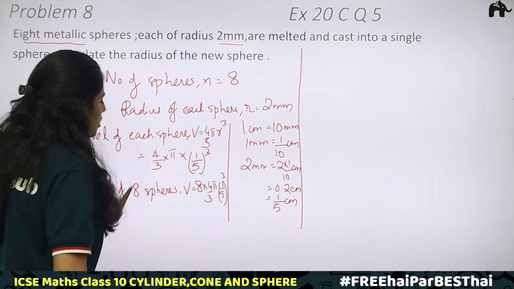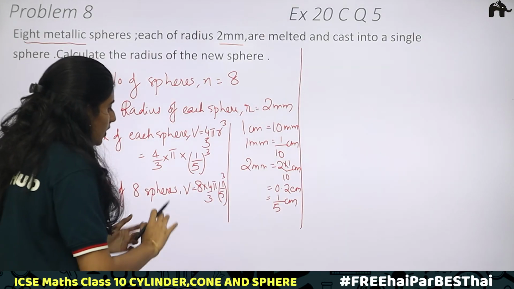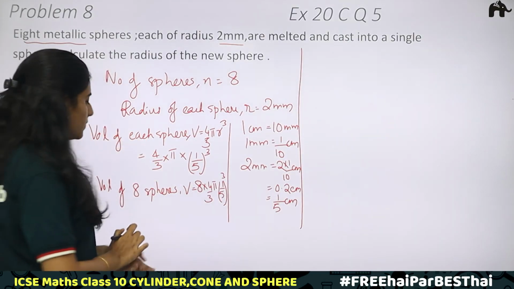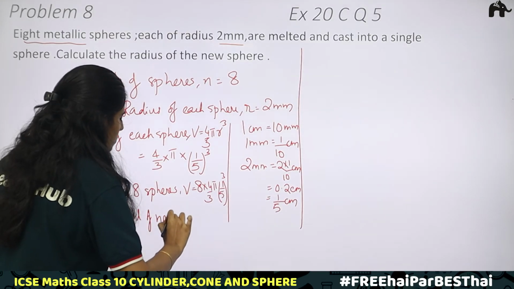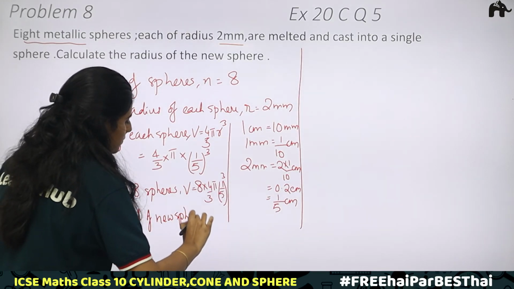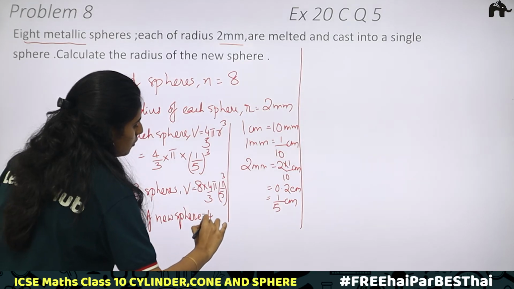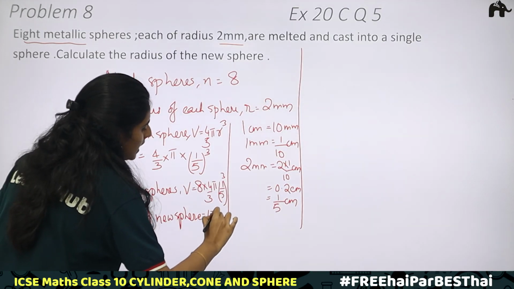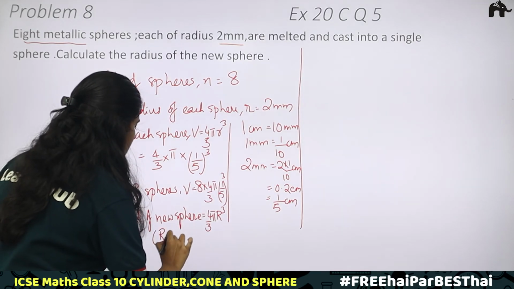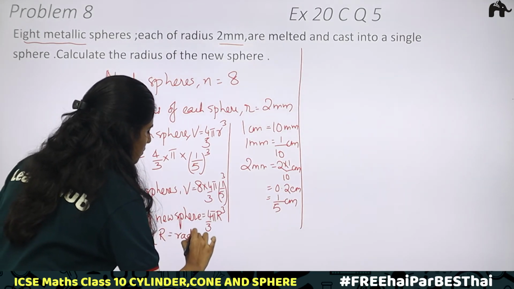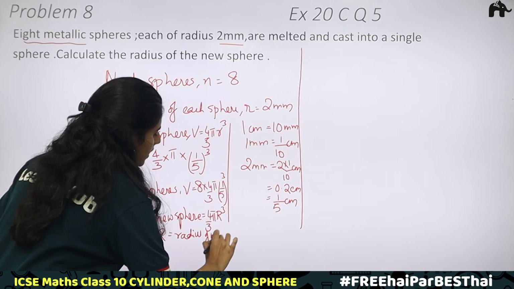Okay. The volume of 8 spheres will be equal to the volume of the new sphere. Let us take the volume of the new sphere equal to 4 by 3 pi capital R cube. Here we have taken capital R as the radius of the new sphere.